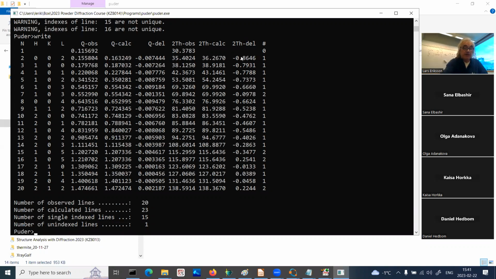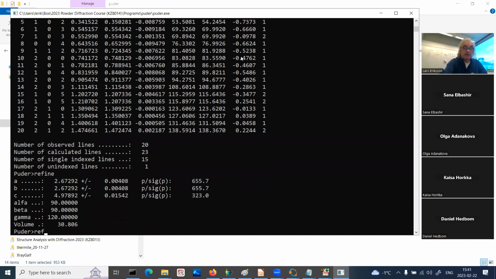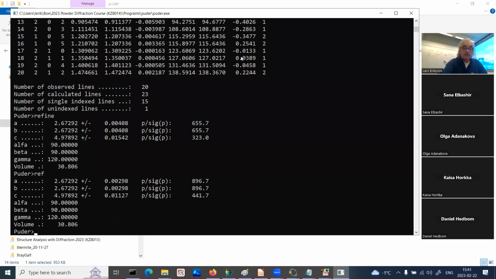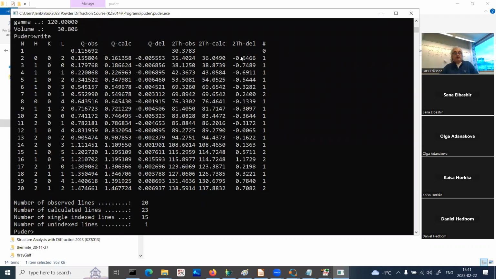If you start to refine it, then we can do it 2 times maybe. Then it partly spreads out strange differences.